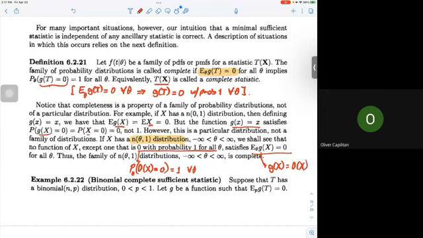So no function of x except the zero function, with probability 1 for all theta. Since it satisfies our definition, thus the family of N(theta, 1) distribution is a complete family.